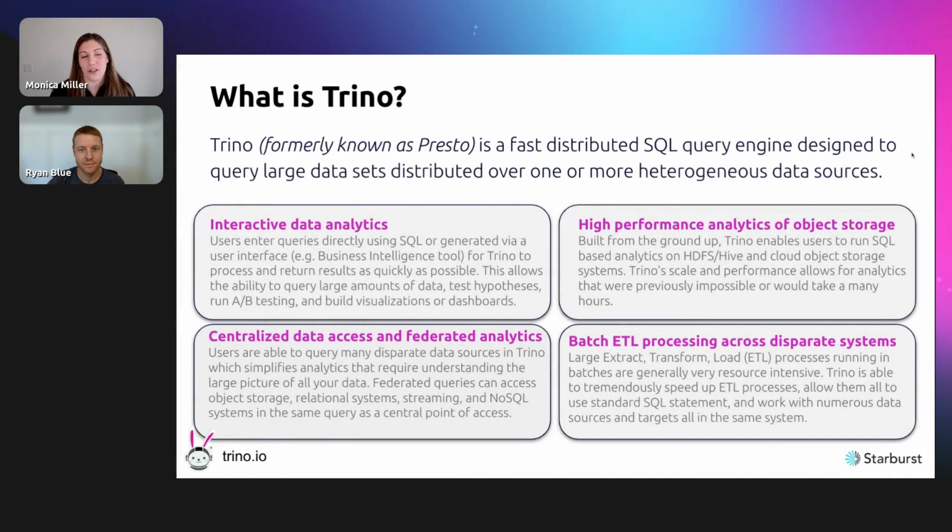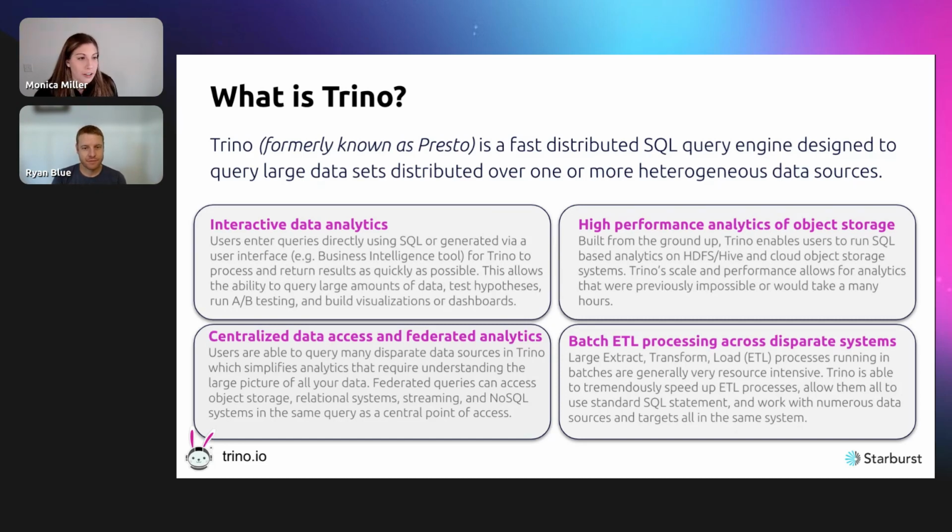So what is Trino? Trino, previously known as Presto, is a fast distributed SQL query engine that is designed to query those large data sets distributed over multiple data sources. Originally, Trino was created at Facebook because the data scientists were having a hard time running different queries. They couldn't run more than 10 a day on their Hadoop file system.